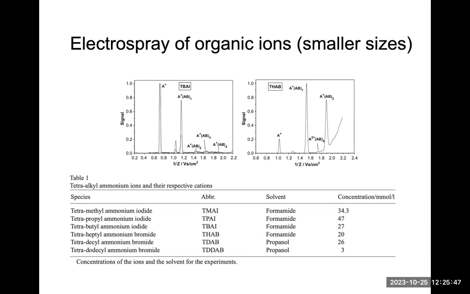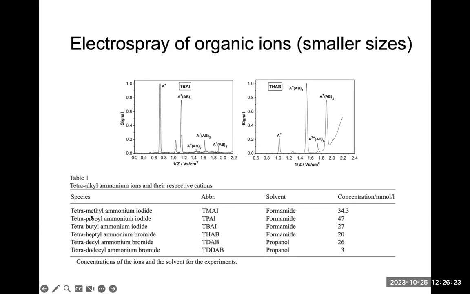So we could also use the electrospray of the organic ions when we're trying to generate aerosol standards with much smaller sizes. So for example, here there are a few example types of chemicals. These specific chemicals are made of ions, but at the same time, they're made of these halogen ions attached onto a very long organic component. So the organic component will have multiple, let's say, hydrocarbons, maybe 20, 30 hydrocarbons, but they have very pure component.